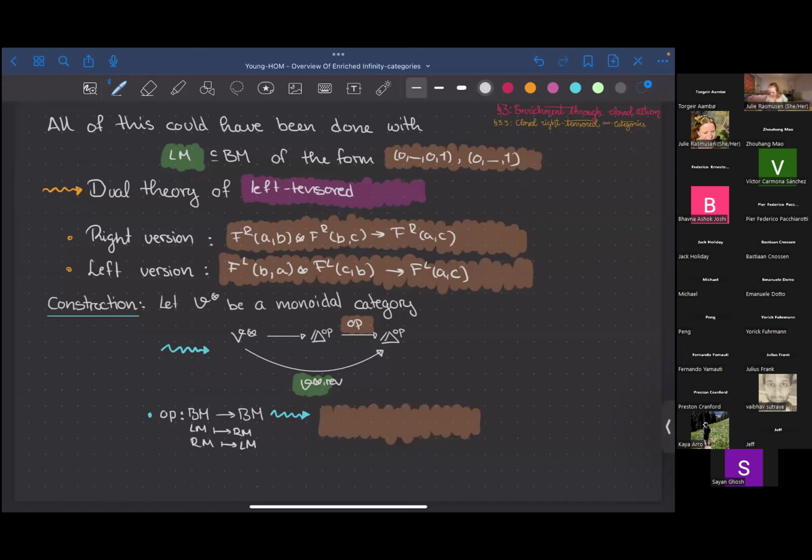And this induces an equivalence between closed left tensored categories on V reverse and closed right tensored categories on V, which will take a category C and send it to C, as one would assume.